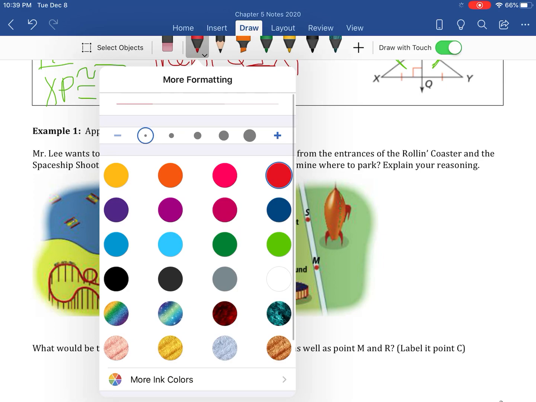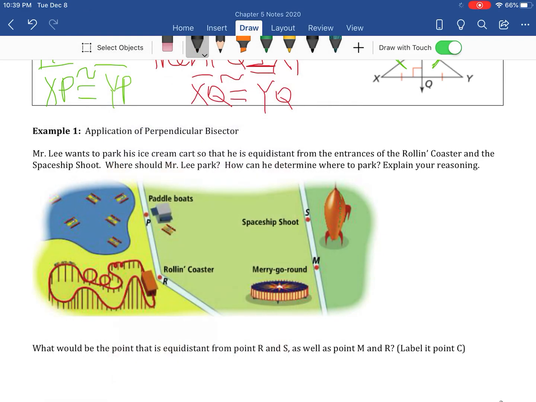All right, so the first thing we need to do is to find the midpoint between point S, that's spaceship chute, and point R. So that's the first thing.